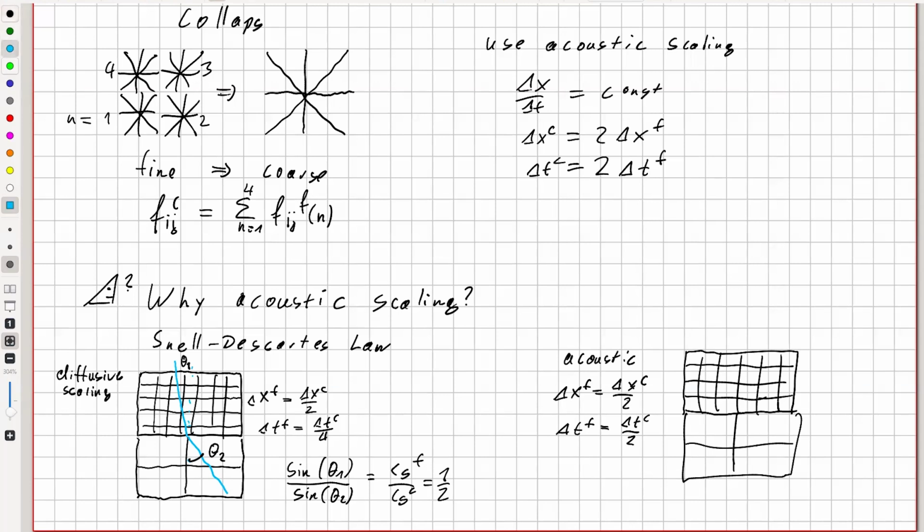Then you have the advantage, because the speeds of sound are the same, that this angle phi 1 is equal to this angle phi 2, because, of course, you get the sine of phi 1 divided by sine of phi 2 is Cs fine divided by Cs coarse, and because they are the same, we get the same angle, yeah?